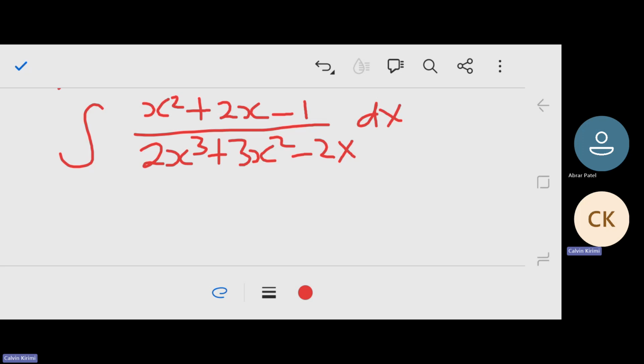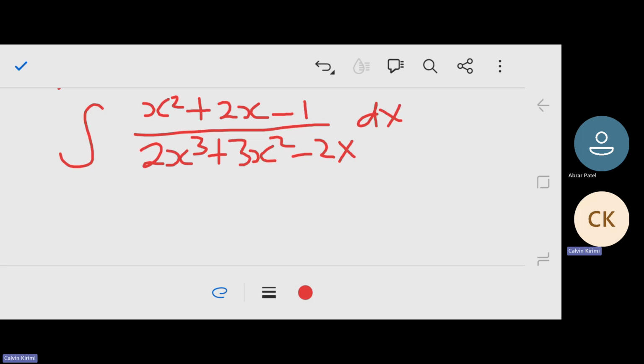So with the previous slide, which I was explaining the other day, you have seen that the degree of the numerator, the polynomial, is of degree 2, and the denominator polynomial is of degree 3 because of the 2x cubed.